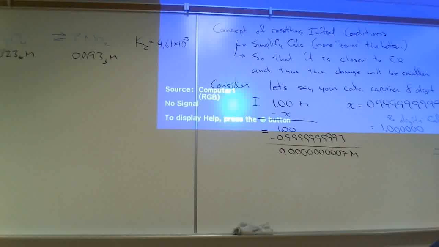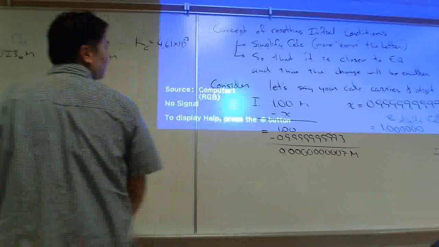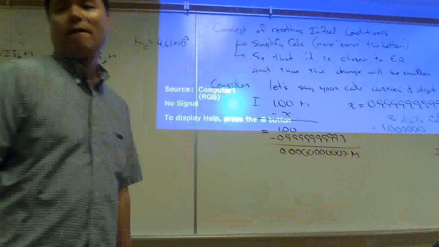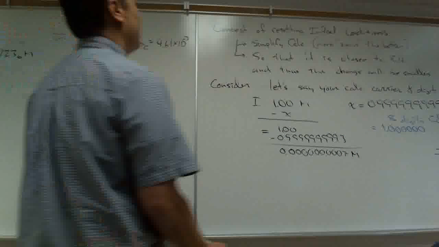So we have to watch out for calculator round-off, which introduces another type of error into our calculation. And so sometimes we will reset this. Let's take a look at an example of resetting this.